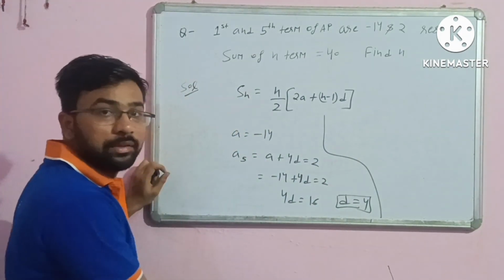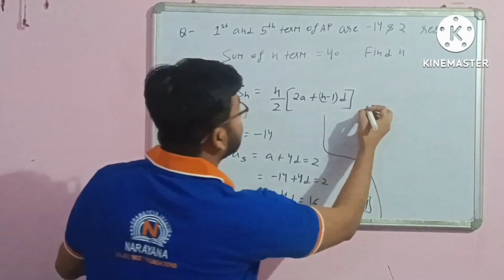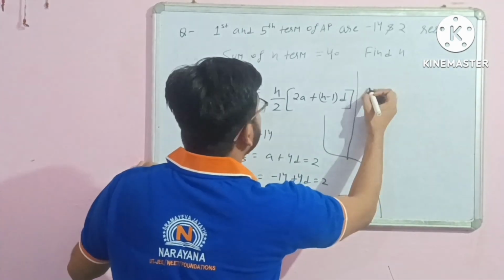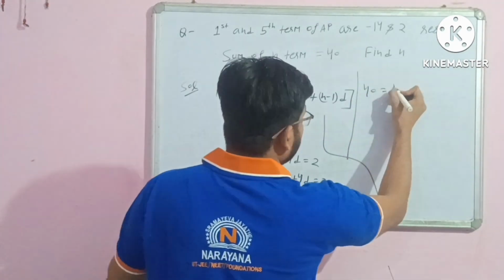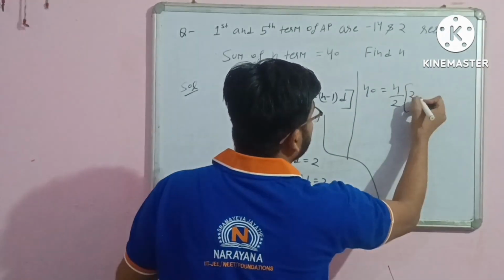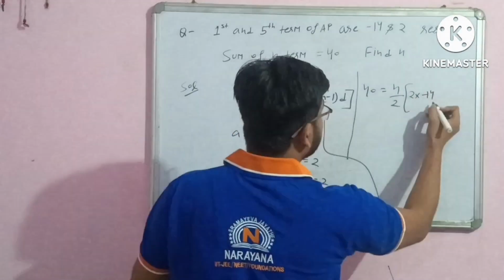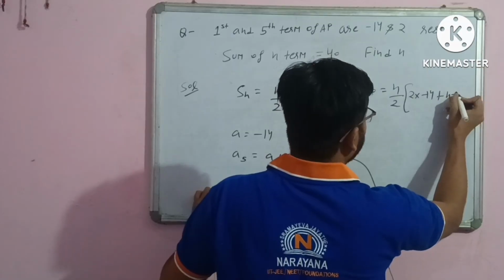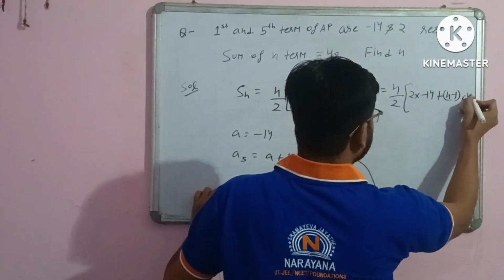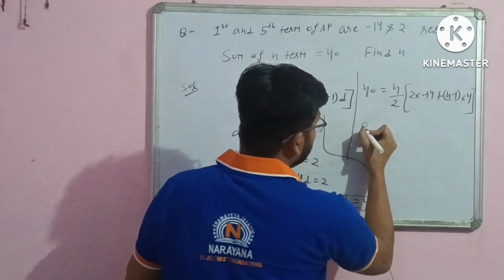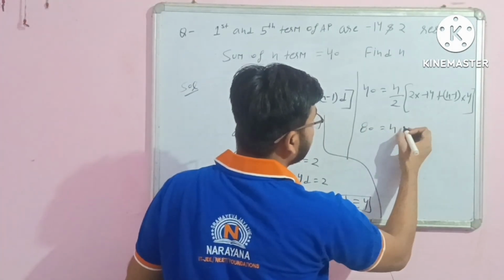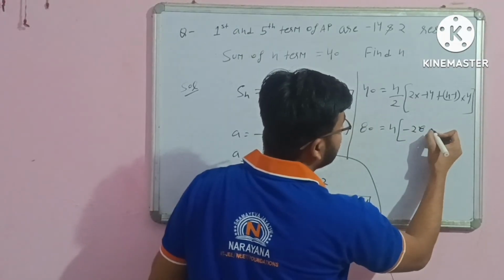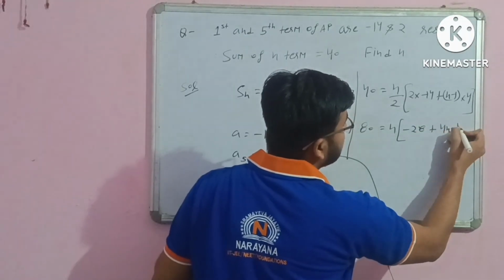Now we will put the values of a and d in this expression: n by 2 into 2 into minus 14 plus n minus 1 into 4. So it becomes 40 into 2, 80 becomes equal to n into minus 28 plus 4n minus 4.